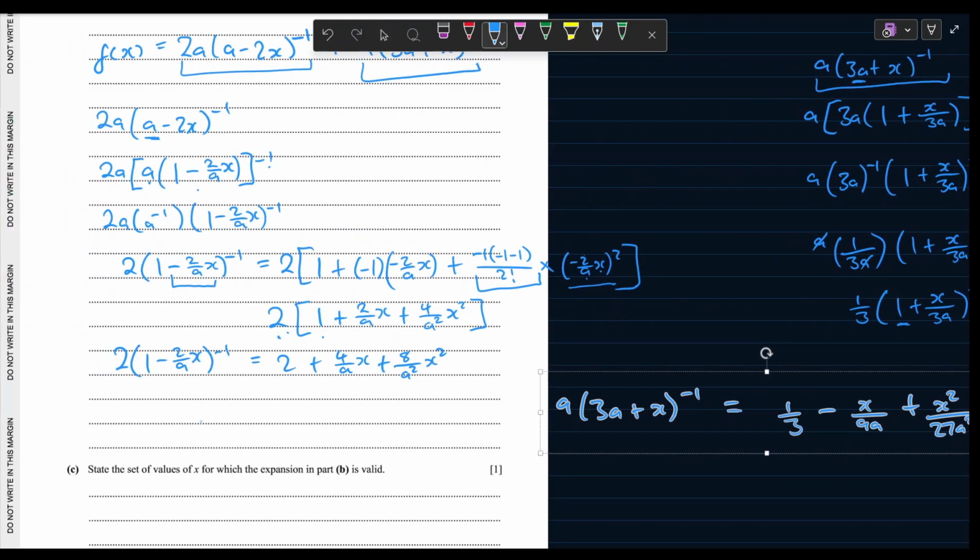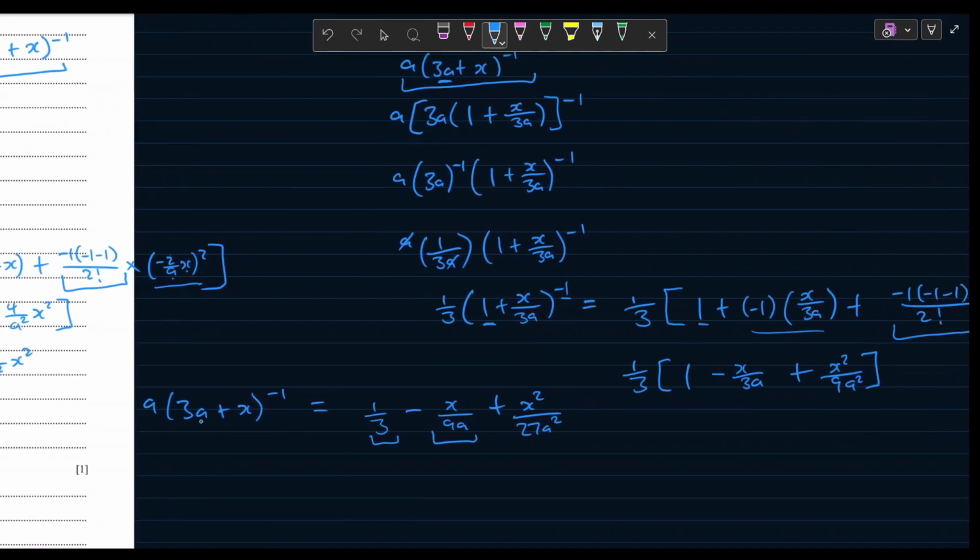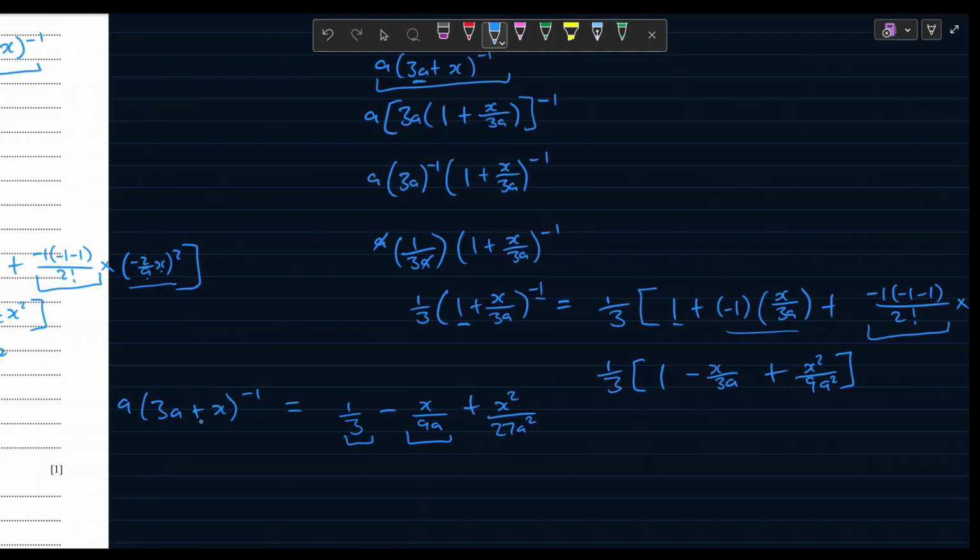So it should mean that f of x is going to be equal to, let's start with our constants. So we've got 2 plus a third, and then the terms in x, we've got 4 over ax minus, what is that? Is that a 9? My word, I should write my numbers properly.